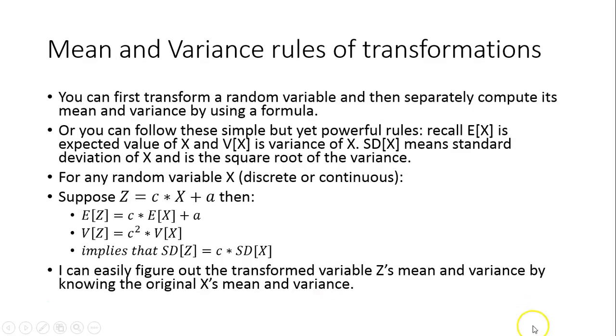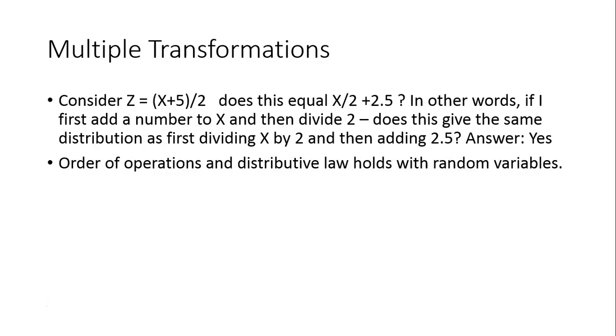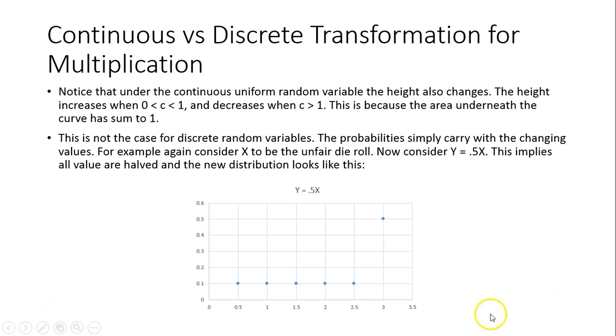Similarly, what will be the variance of y? Again, y is 0.5 times x. That means I square the 0.5 and multiply by the variance of x. If you remember, the variance of x was about 3.5, or 3.6, I think. Look at the answers from the previous lecture. Notice how everything has become more compact when I multiply by 0.5.